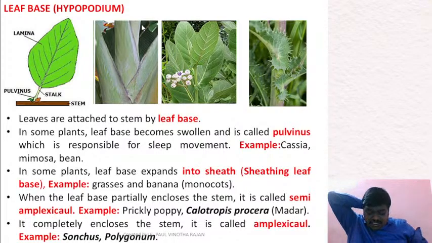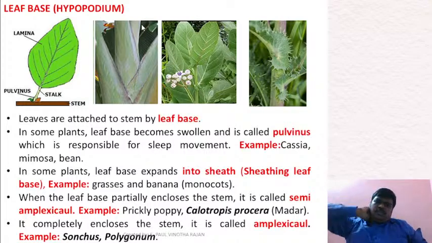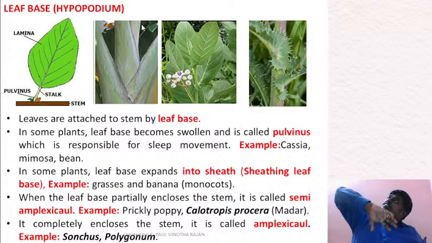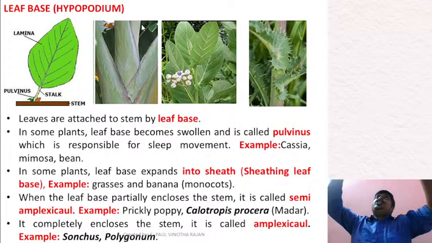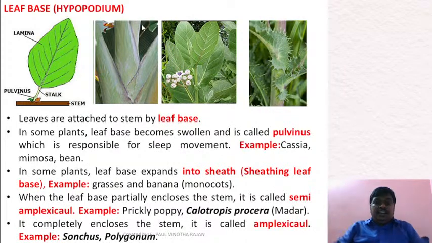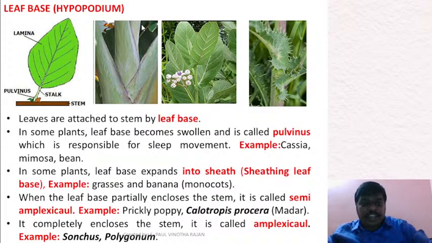The banana leaf is a long leaf, whereas the leaf base is expanded and forms a stem. We call it a pseudo stem, a false stem.